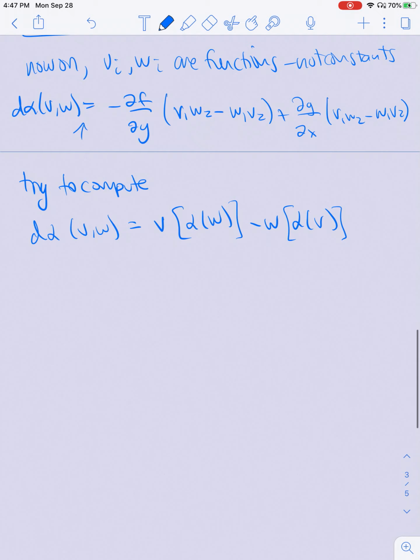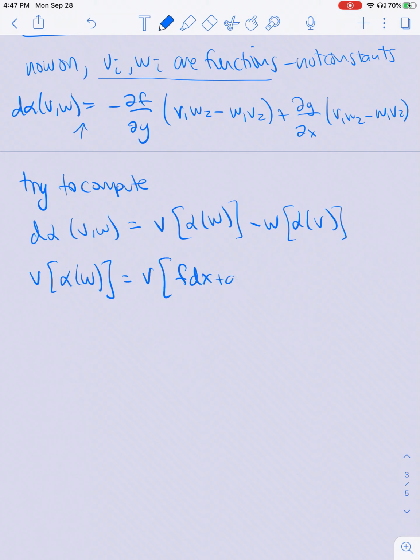I'm trying to assume that v and w are not constant. So what I get for the first one is going to be v applied to f dx plus g dy applied to w1 d by dx plus w2 d by dy.